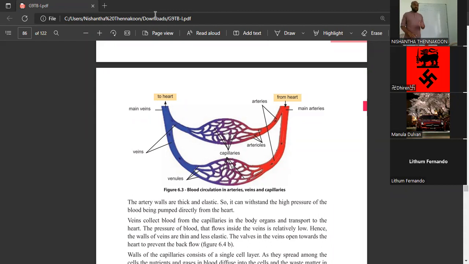When you get arteries, they have thick walls. For veins, you write thin walls. For capillaries, you can write 1 cell thick. Thickness is just 1 cell.